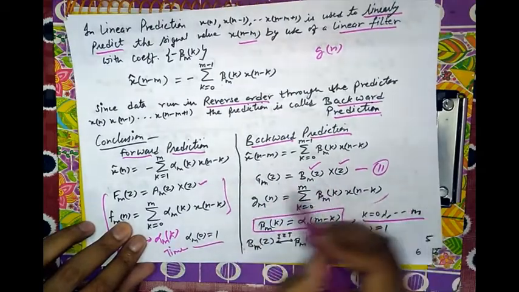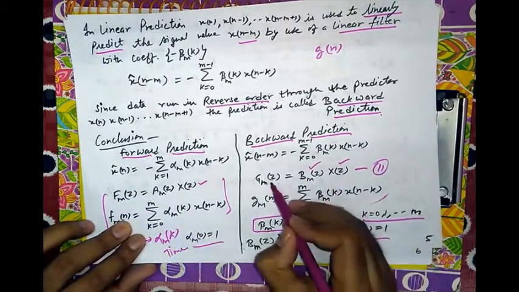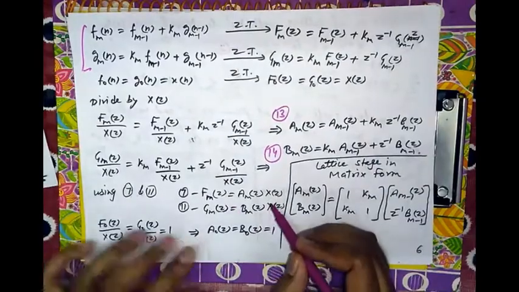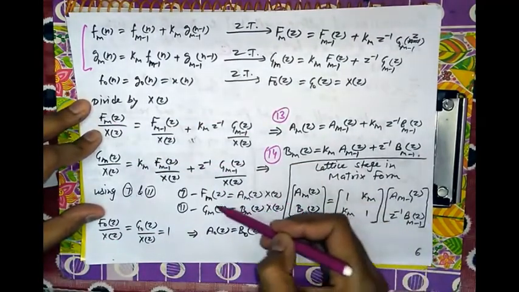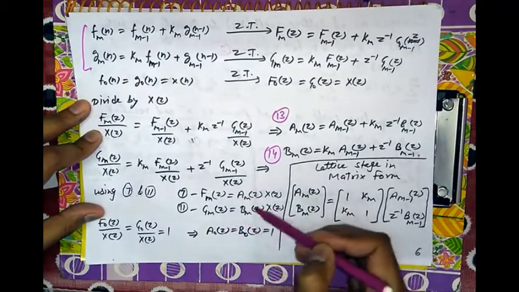These are the relations between polynomial input and output. And we are recalling this relation here again, and check it out that F_m(z) upon X(z) is A_m(z), and G_m(z) upon X(z) is B_m(z).